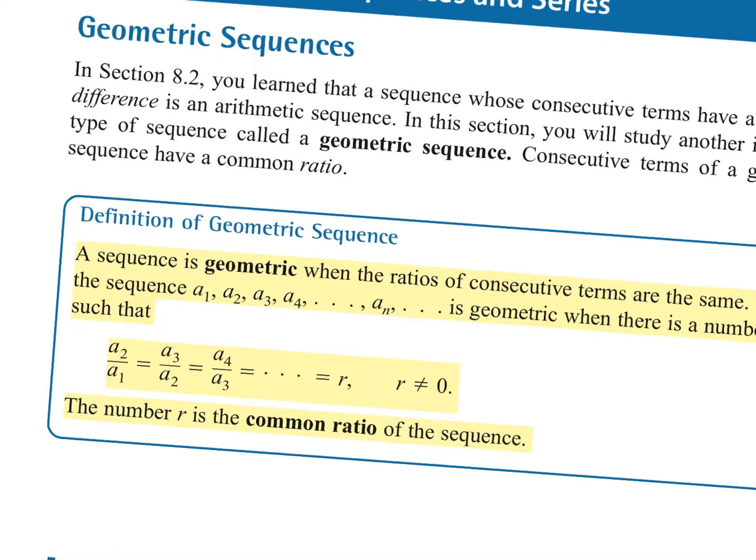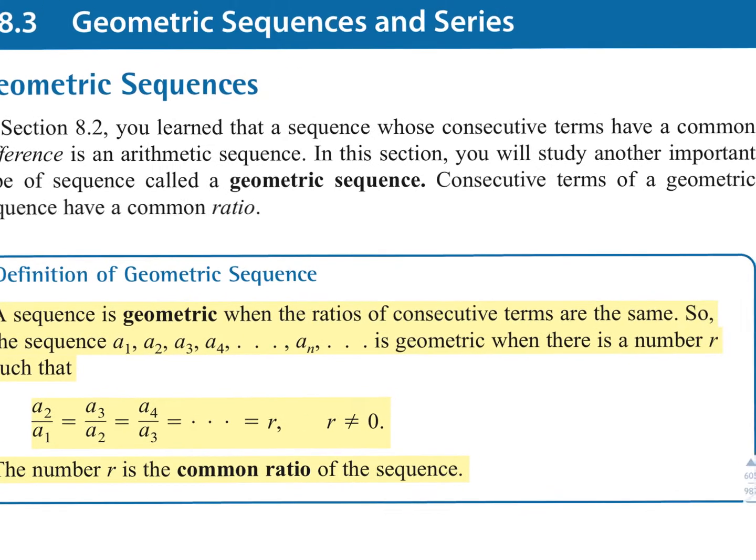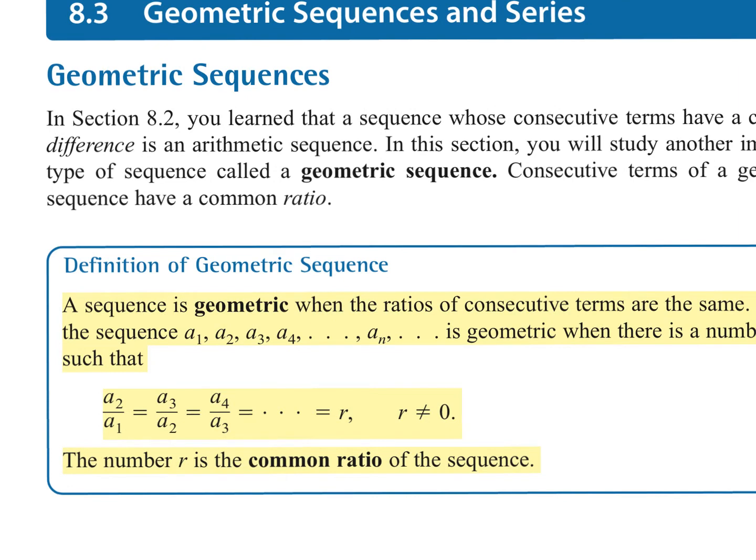So the first thing with geometric sequences, instead of finding the common difference, you find something called the common ratio, right? So in arithmetic, we find our common difference, what is being added or subtracted each time. In geometric, you find the common ratio, and this is what's being multiplied every time. We don't ever say multiplied or divided.